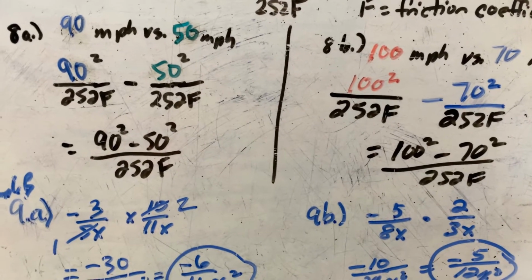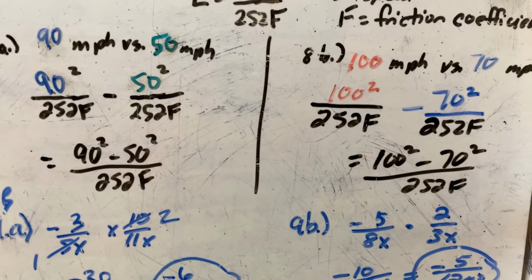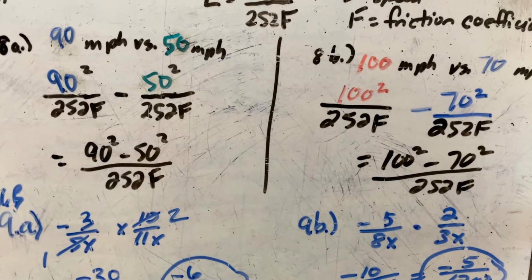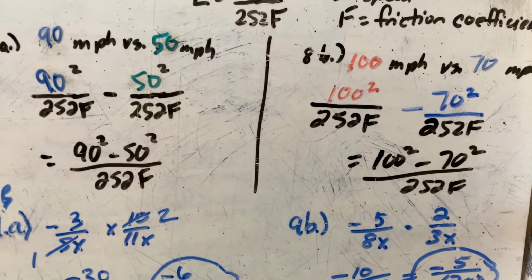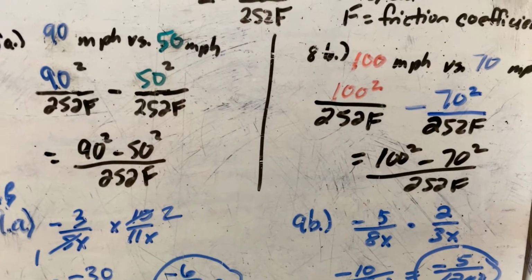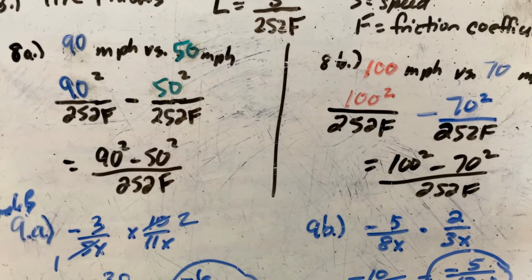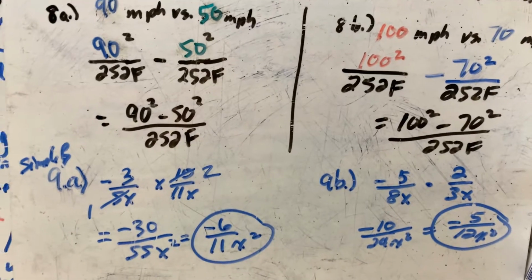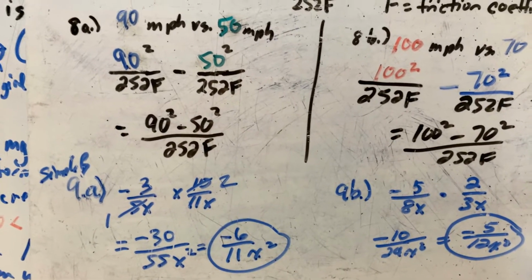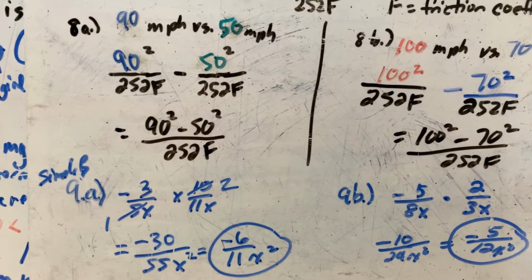Okay, 8b, we have 100 miles per hour versus 70 miles per hour. You would square the 100 over 252f minus 70 squared over 252f for a final answer of 100 squared minus 70 squared over 252f.